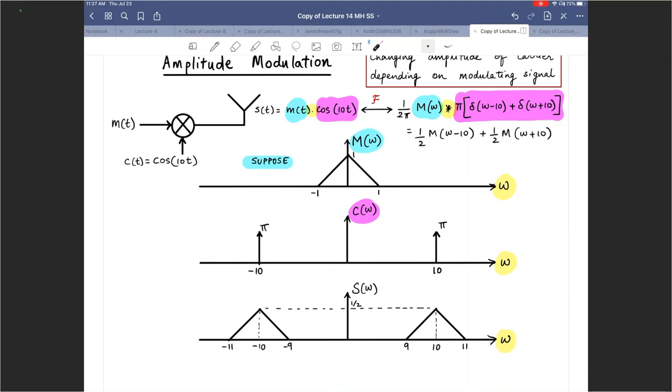So we up converted the signal. You see this guy moved up here, you get this, and this guy moved down here, you got this. Got up converted, right? Maybe I can draw the arrows here. Up converted. And that shift is 10 radians per second because cosine is present at 10 radians per second. So that's called up conversion.